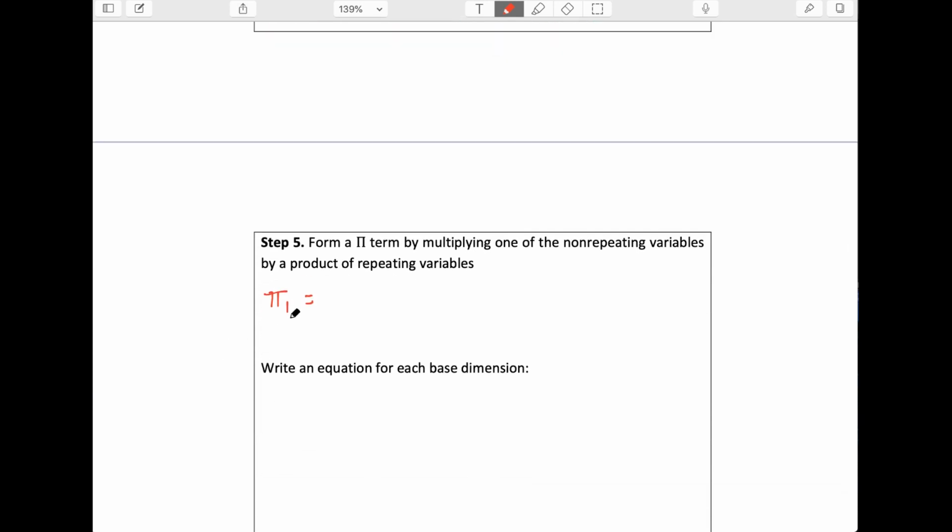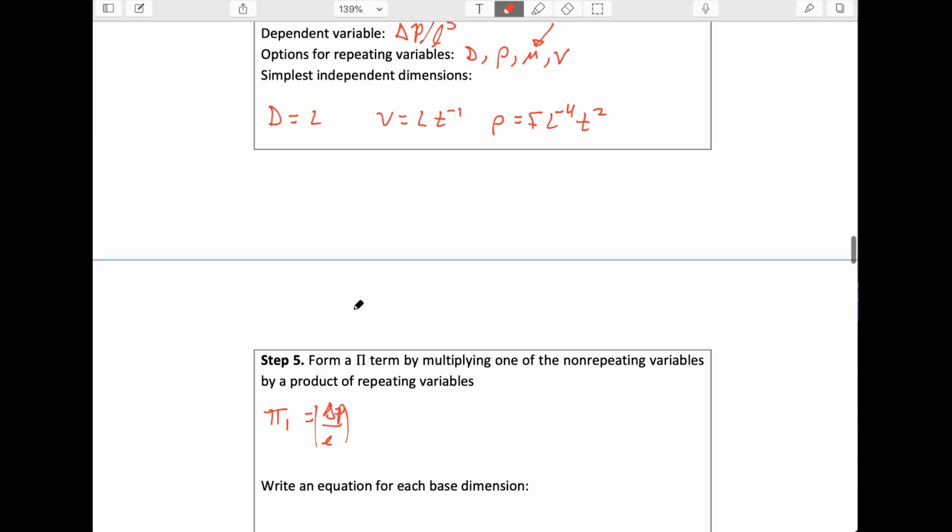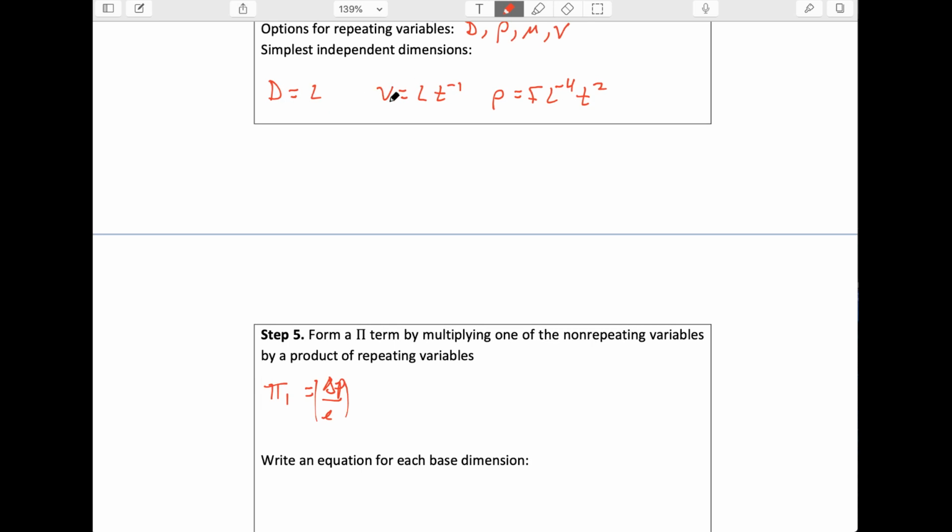So we're going to write it then, our first non-repeating variable, delta p over L. Oops, sorry, that should be a lowercase l over L. And we're going to multiply it by our 3 repeating variables, diameter, velocity, density, d, v, rho.